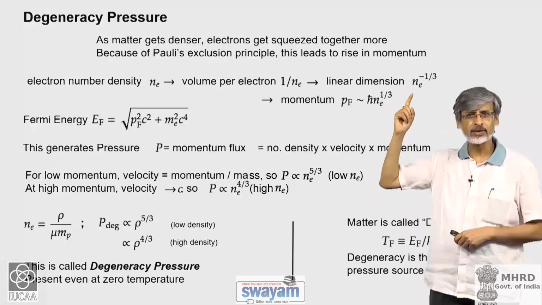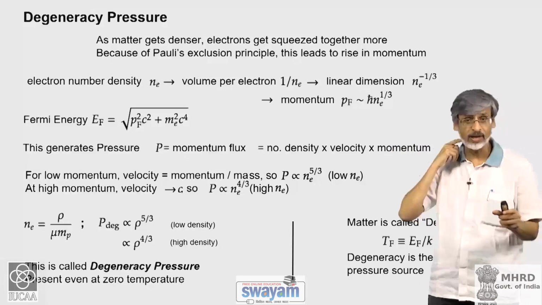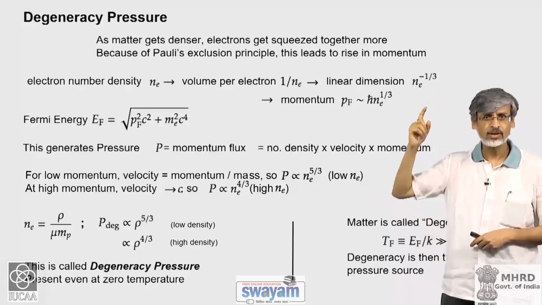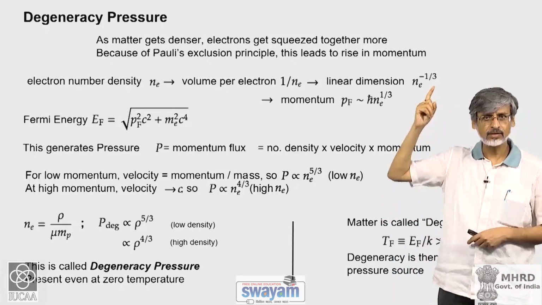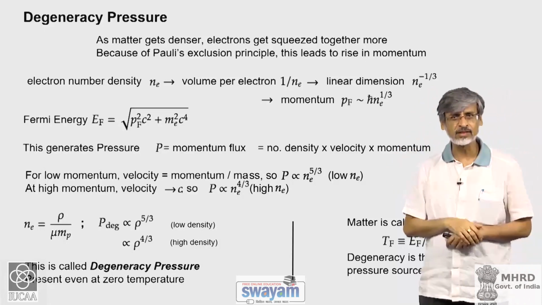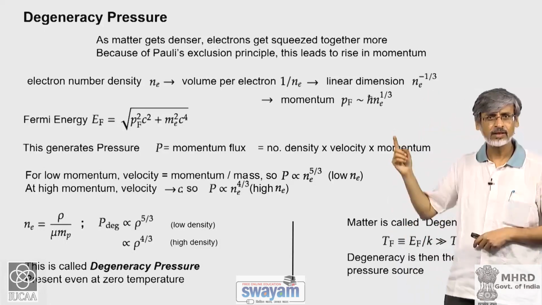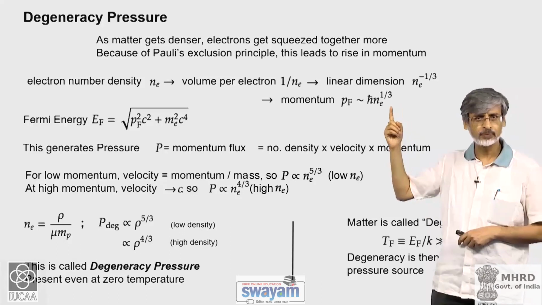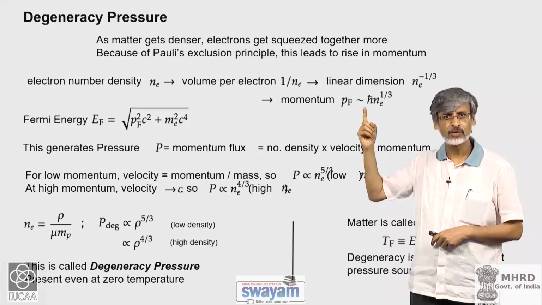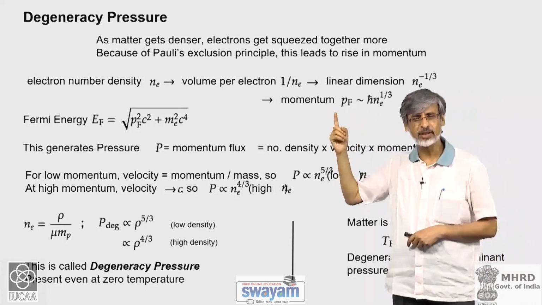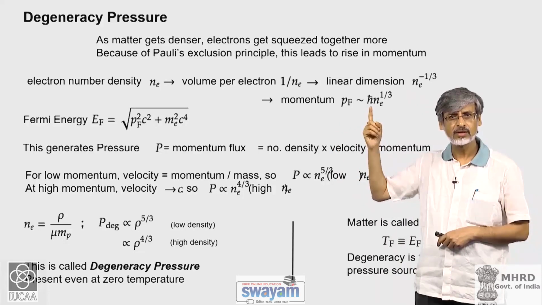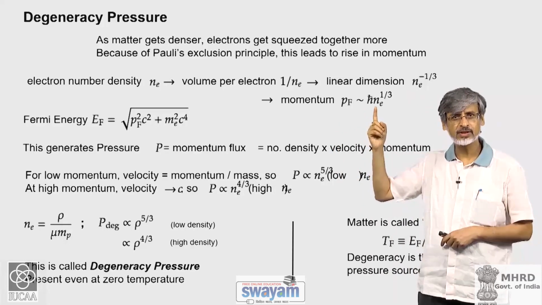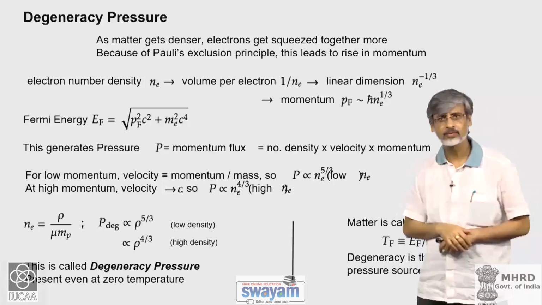By the uncertainty principle, if you try to confine an electron within a distance like this, then it would pick up a momentum which we call the Fermi momentum, which is h cross times n e to the power of 1/3.